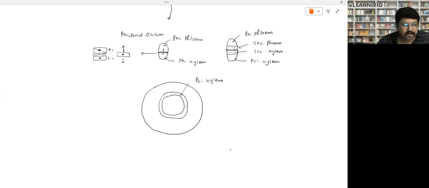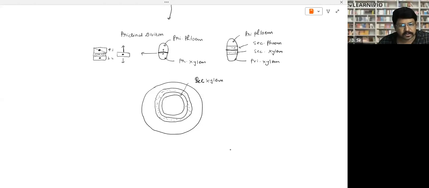Then outside to it, secondary xylem is added, and outside to secondary xylem, one more ring has been added.